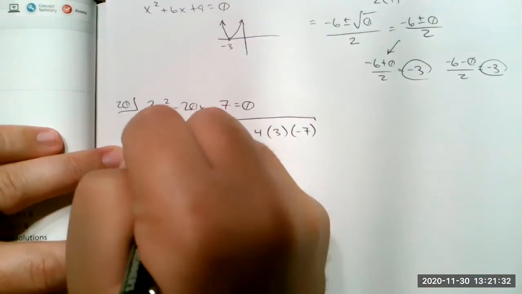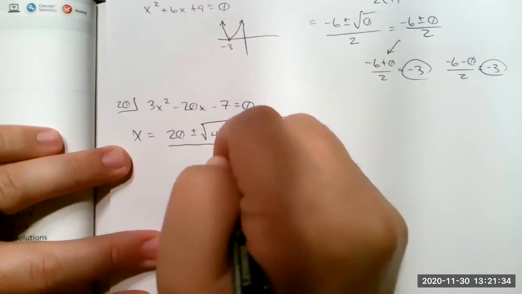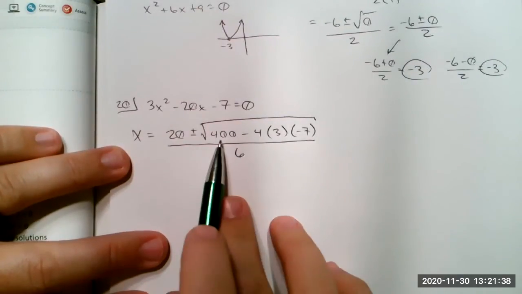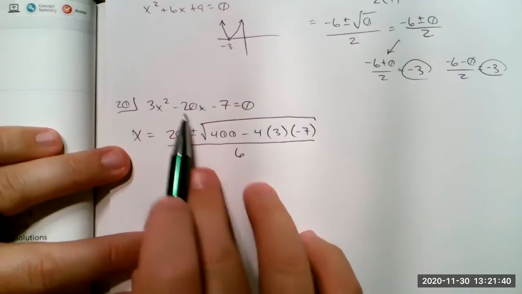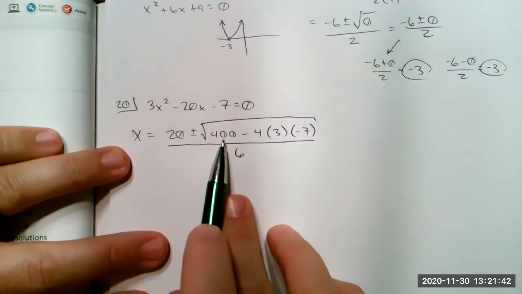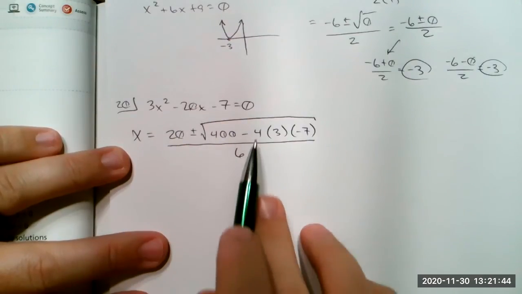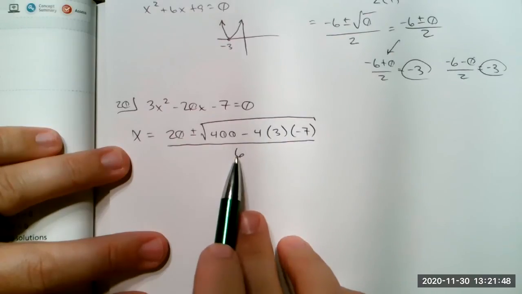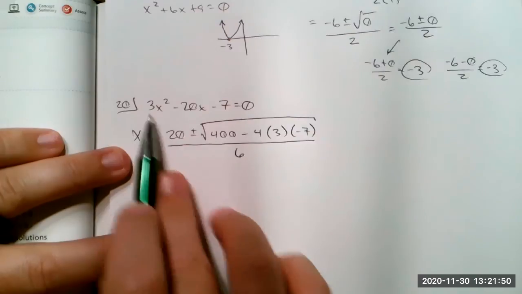And that whole thing is divided by 2 times a, right? So you see I kind of skipped a couple things. I did b squared instead of writing negative 20 squared. I just put 400. I still kept negative 4 times a times c, but then in the denominator, I just did 2 times a. 2 times 3 is 6.